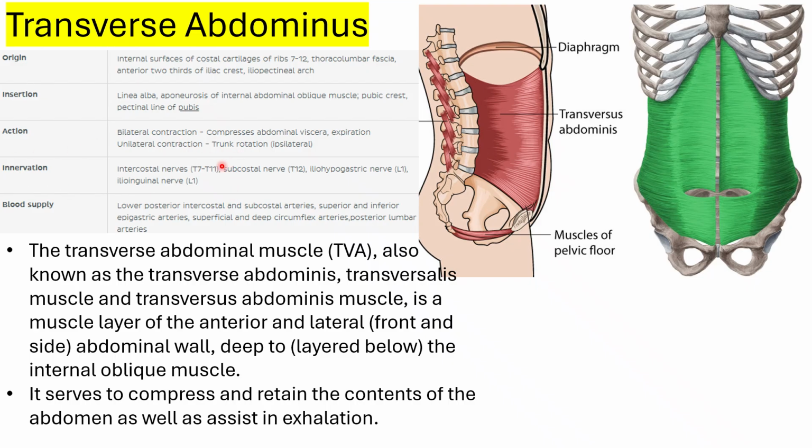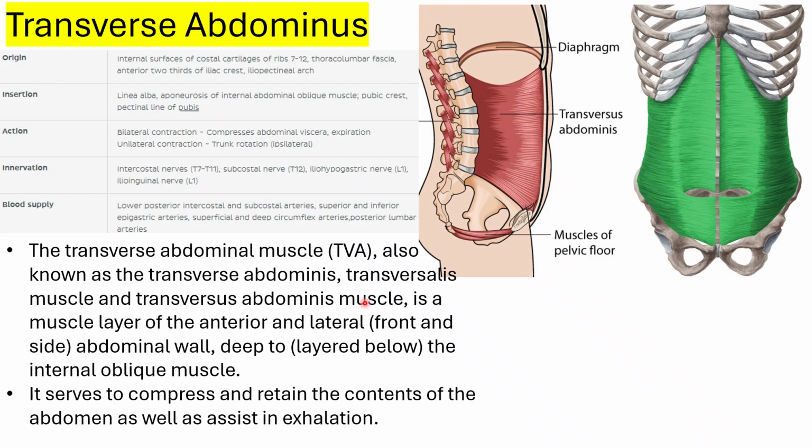Action is bilateral contraction and unilateral contraction. Innervation is intercostal nerves T7 to T11, subcostal nerve T12, iliohypogastric nerve L1, and ilioinguinal nerve L1. Blood supply is lower posterior intercostal, subcostal arteries, superior and inferior epigastric arteries, superficial and deep circumflex arteries, and posterior lumbar arteries.